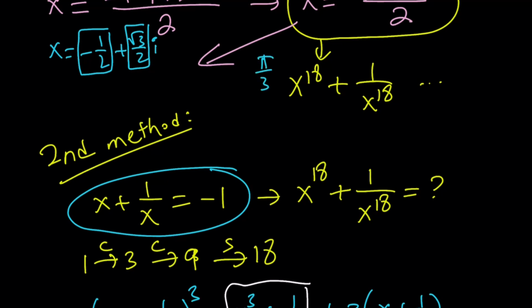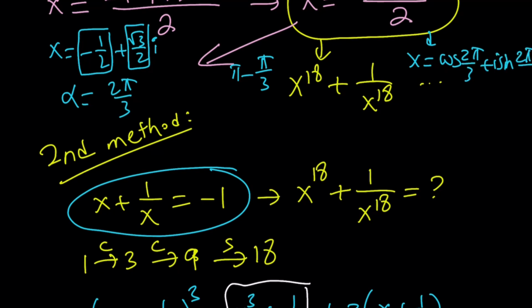But this is in the fourth quadrant, right? Am I right? No, it's actually second quadrant because x is negative and y is positive. So we have to reflect it. In other words, we have to subtract it. So in this case, the alpha would be 2 pi over 3, and you could basically write x as cosine 2 pi over 3, and then i sine 2 pi over 3.